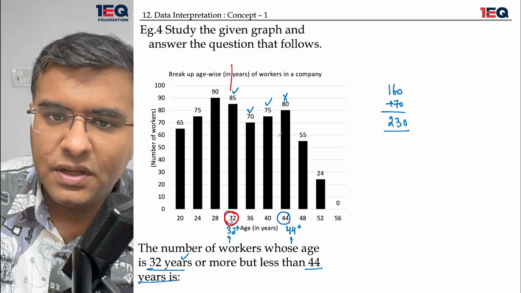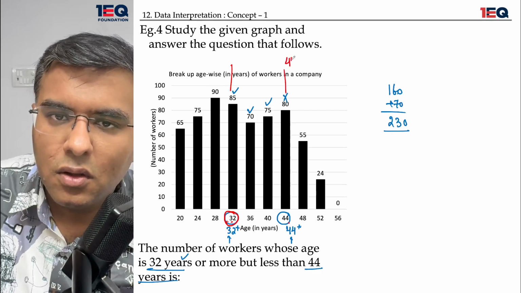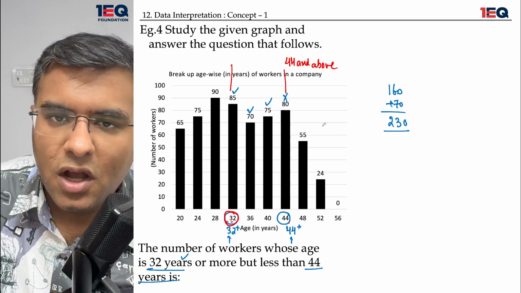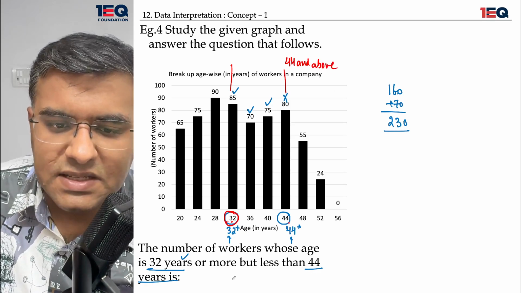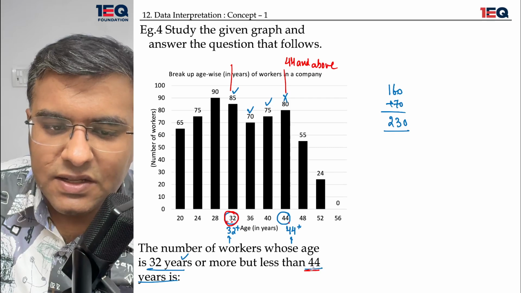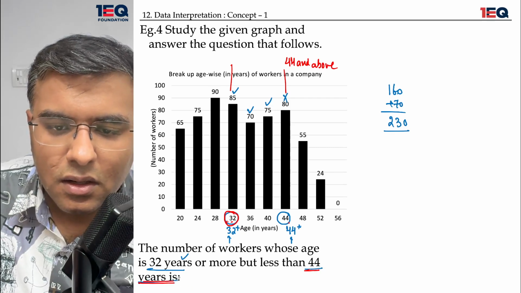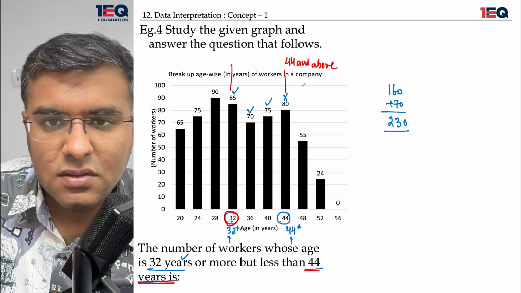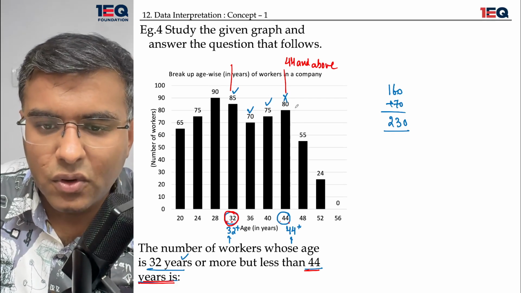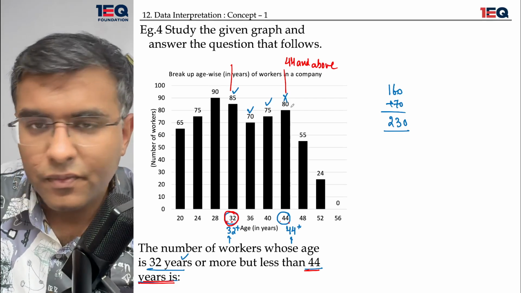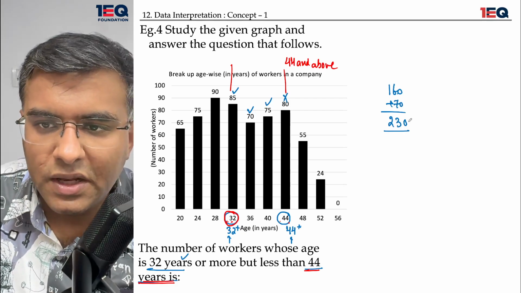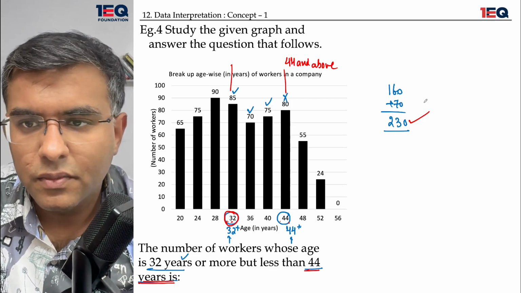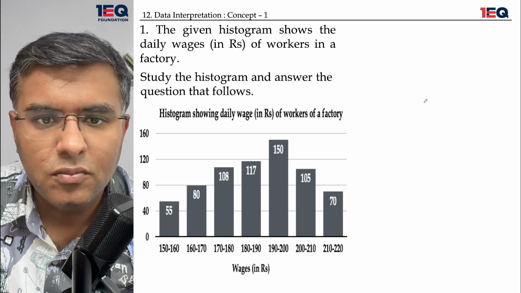If 44 is written here, this also means 44 and above. But the question says the person needs to be less than 44 years. So the bar associated with 44 years is not going to be counted, and only 230 would be my answer. Got it? Yeah. So moving on.